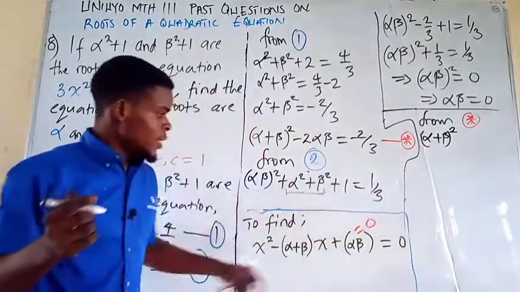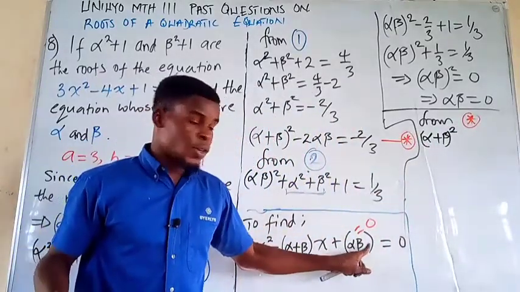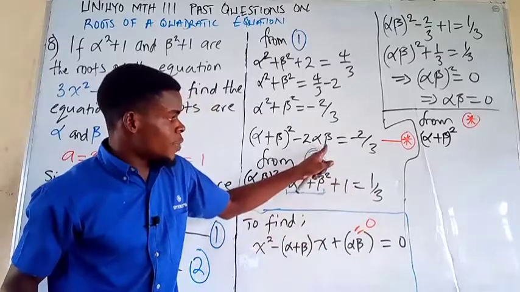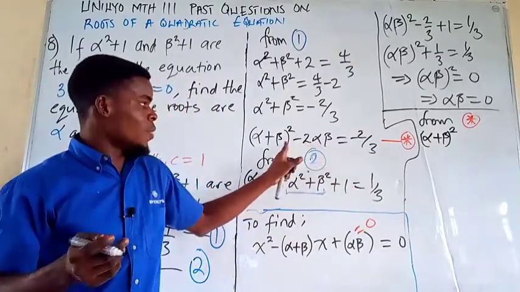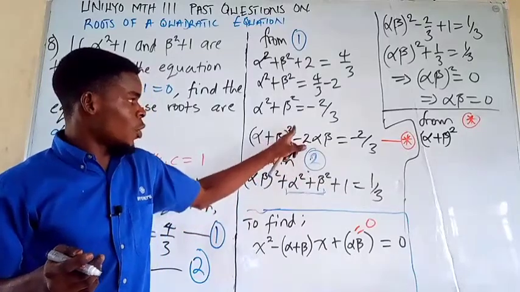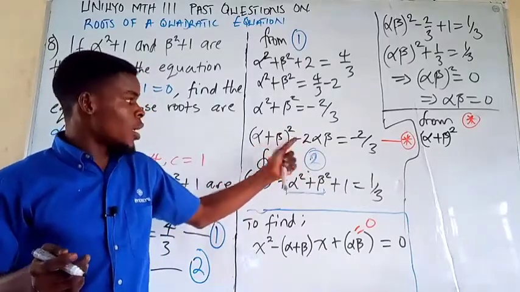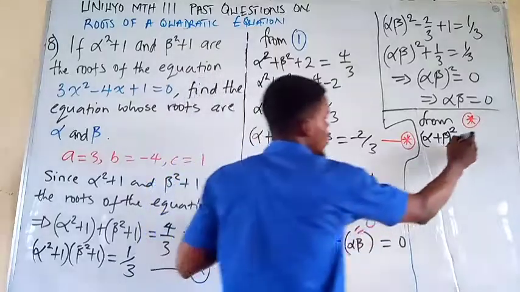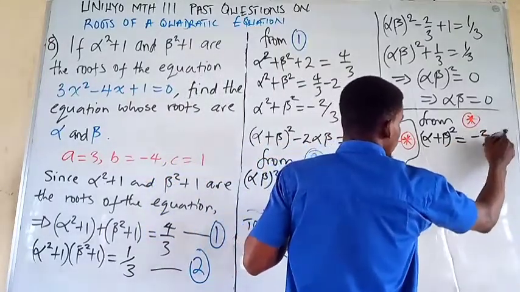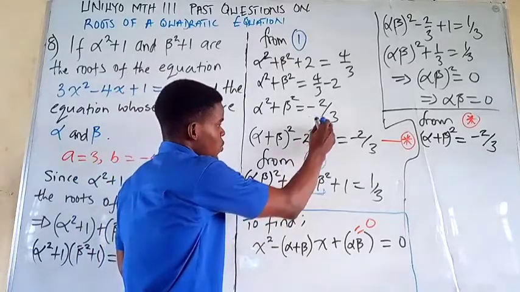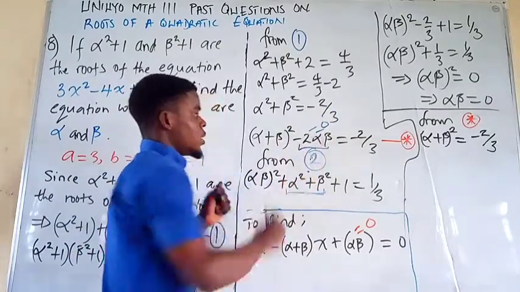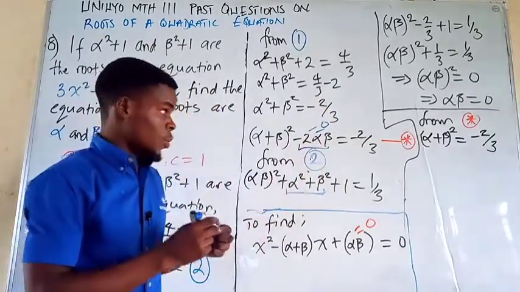Now, since alpha times beta is equal to 0, alpha times beta will be 0, and 0 times negative 2 will just be 0. So that means alpha plus beta all square will be equal to negative 2 over 3, because this term is just equal to 0, alright? The whole of that is just equal to 0.